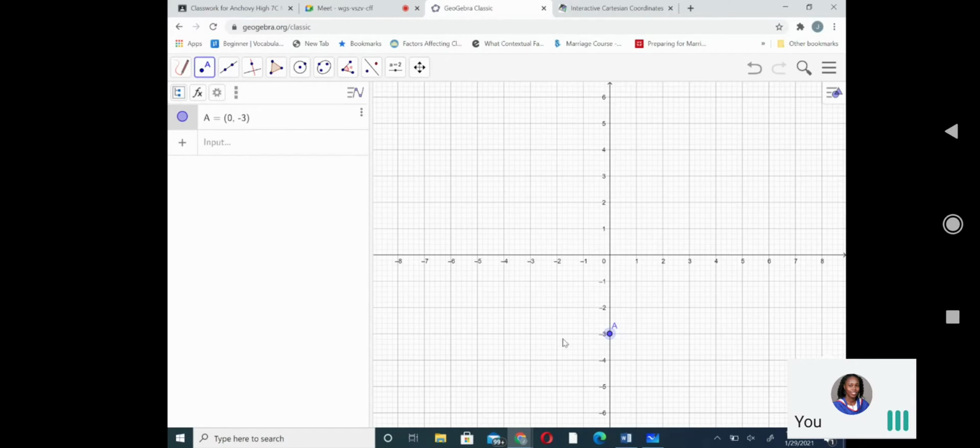So we can say from this that the line x equals 0 is what? The line x equals 0 is represented by which line? Would it be the, yes, very good. The line x equals 0 is represented by the y-axis. And we said that the line y equals 0 is represented by which axis?